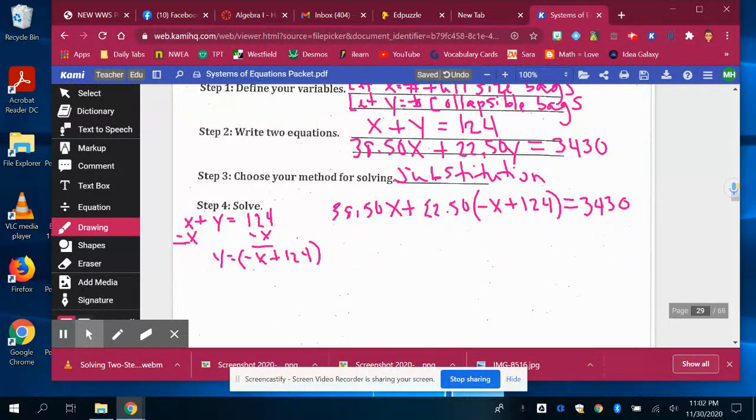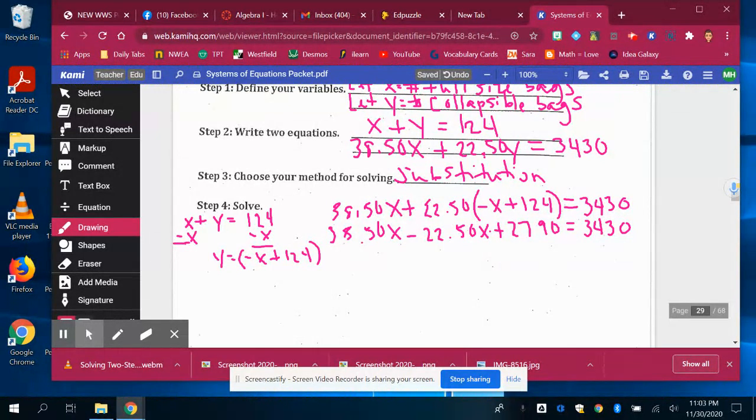So let's see, I have to distribute. I'm just bringing this $38.50x down. I'm going to distribute this 22.50 times negative x, so I get a negative 22.50x. I'm going to multiply 22.50 times 124, and I get 2,790, and that equals 3,430.